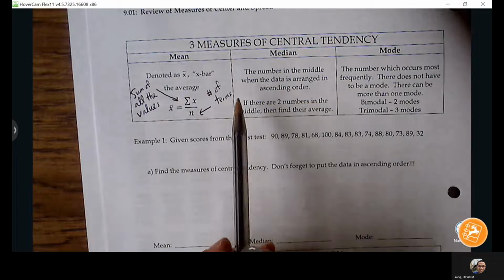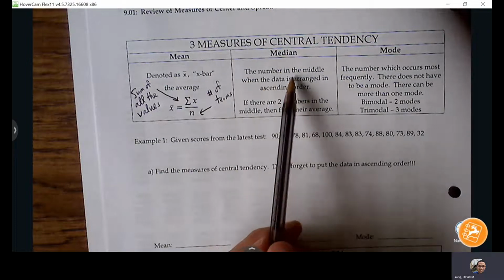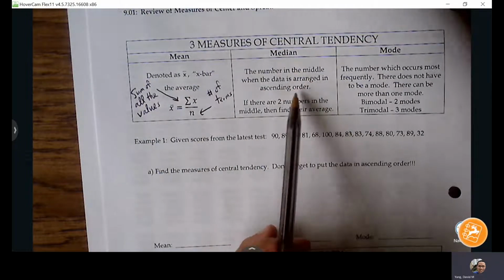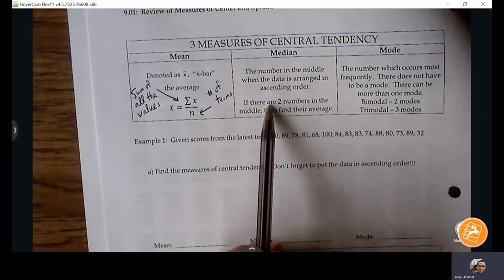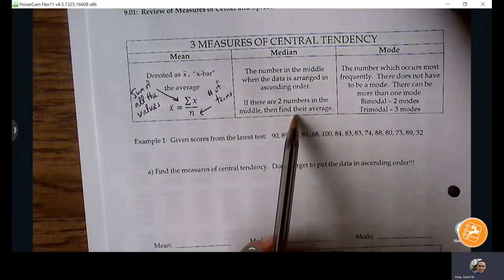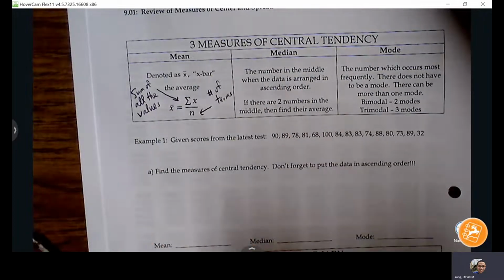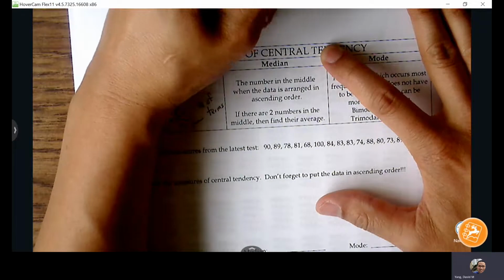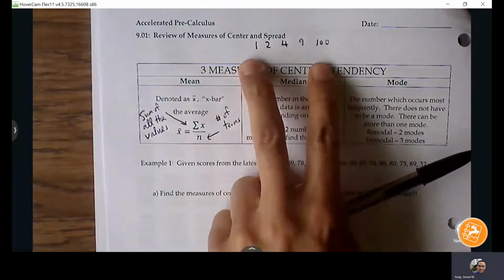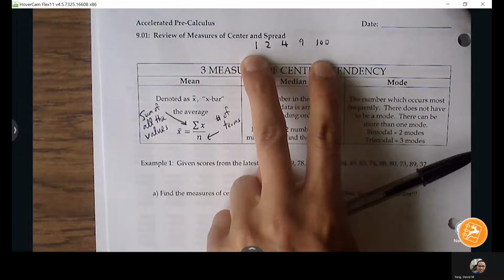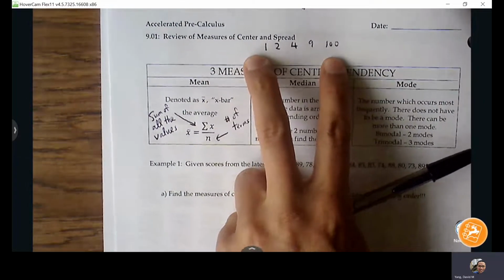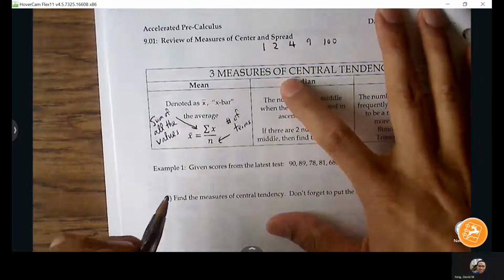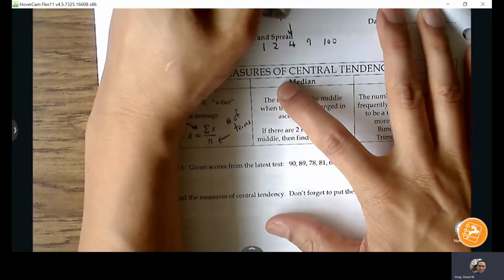Okay. A median is the middle number when the data is arranged in ascending order. If there are two numbers in the middle, then you find the average of those two numbers. So quick example here, if I have 1, 2, 4, 9, and 100, what's going to be the median of these 5 numbers here? 4, right? 4.